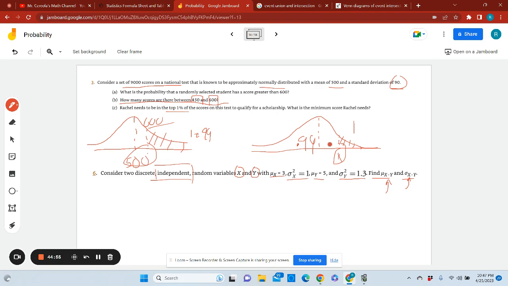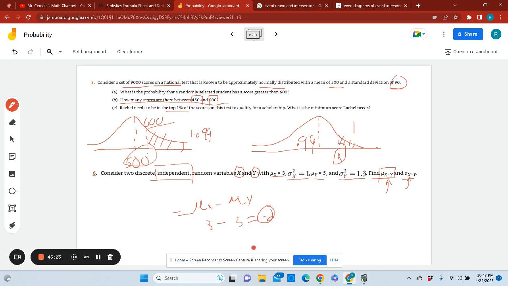So we're just going to take the means that they gave us and subtract them, right? The mean of x minus y is going to equal the mean of x minus the mean of y. They gave us the mean of x as 3 minus the mean of y is 5. So on a combined distribution, the center point would be at -2.